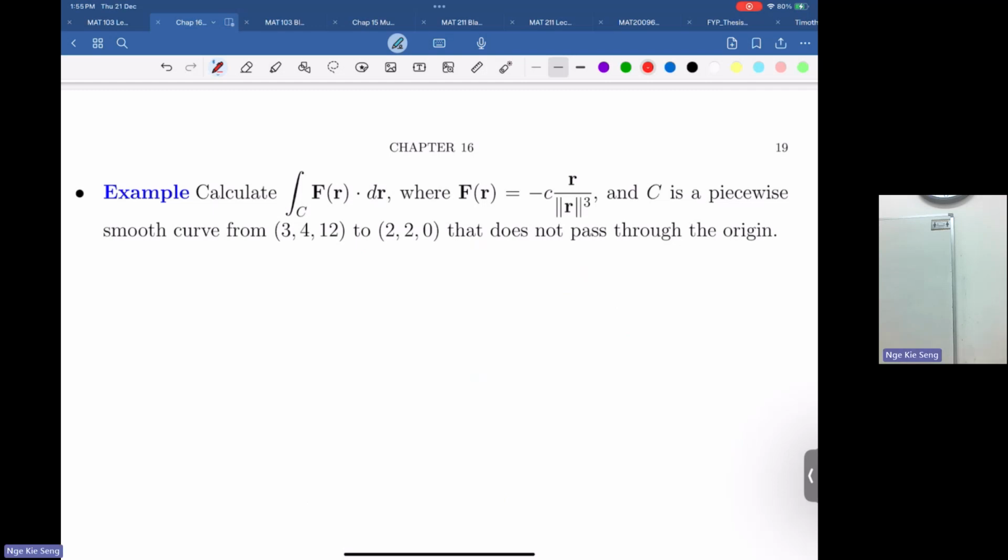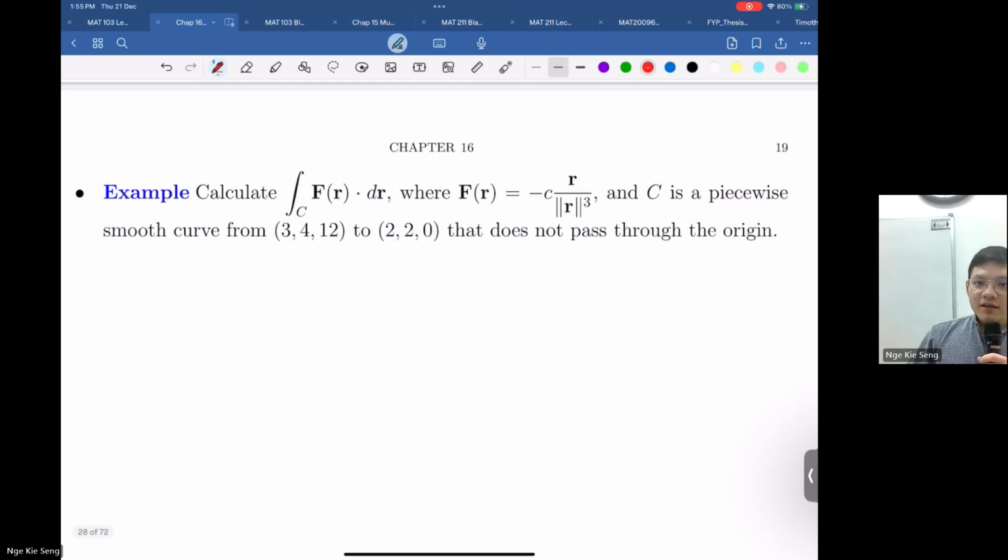Close to zero, you have something very small divided by something even smaller, so you will approach infinity when you go to zero. They want to avoid this from happening, so the curve doesn't pass through zero.